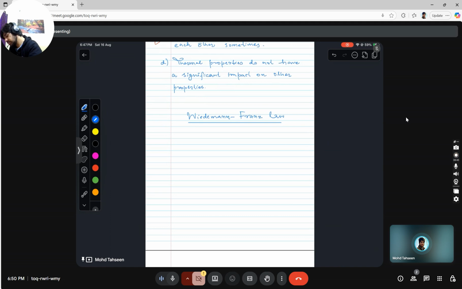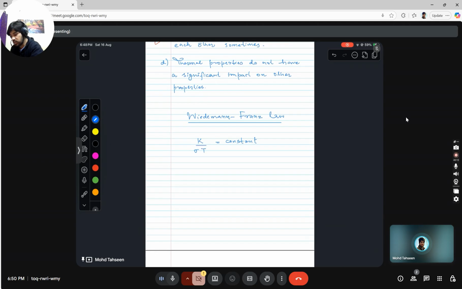What it says is that the ratio of K over sigma T is constant. If we take metallic conductors and, for each metallic conductor, we take the value of thermal conductivity, electrical conductance, and absolute temperature, this ratio is constant.